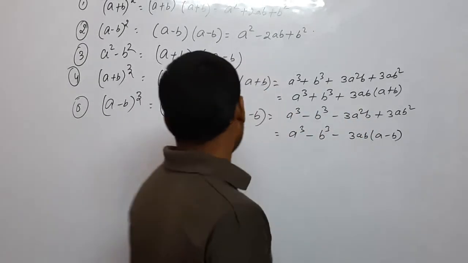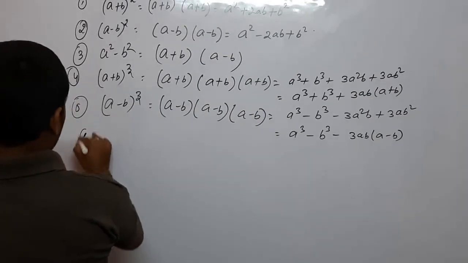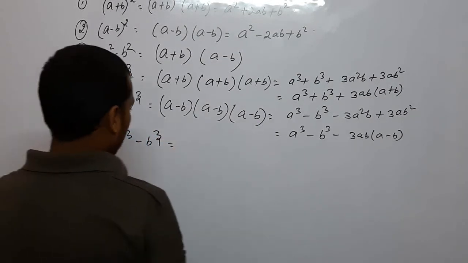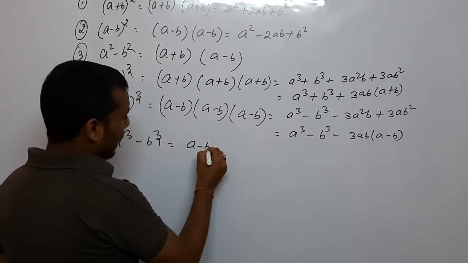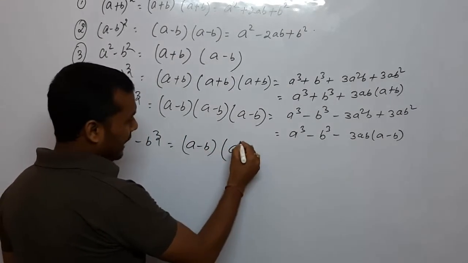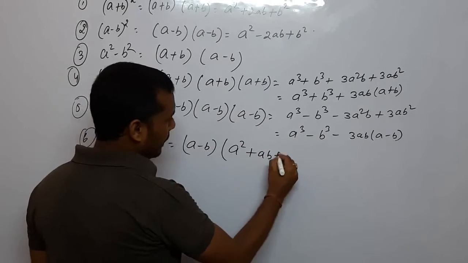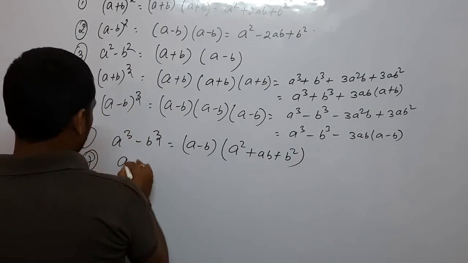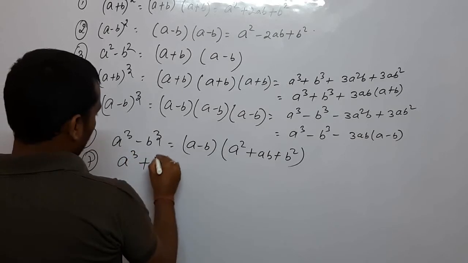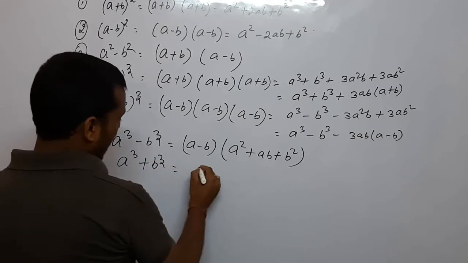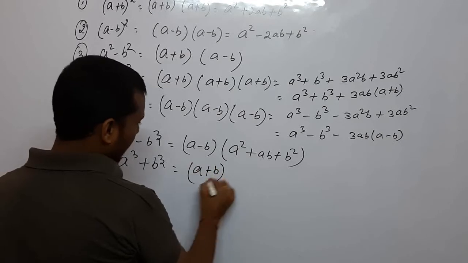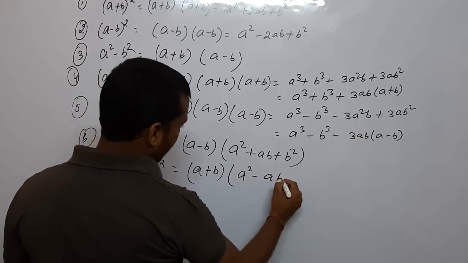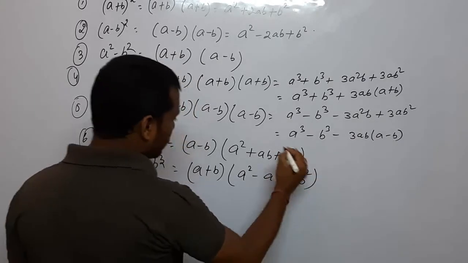Okay. Now students, the next one is a cube minus b cube. It can be written as a minus b into a square plus ab plus b square. The seventh one is a cube plus b cube, which can be written as a plus b into a square minus ab plus b square.